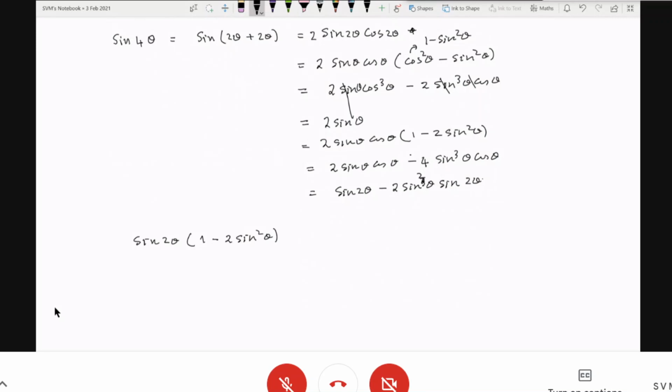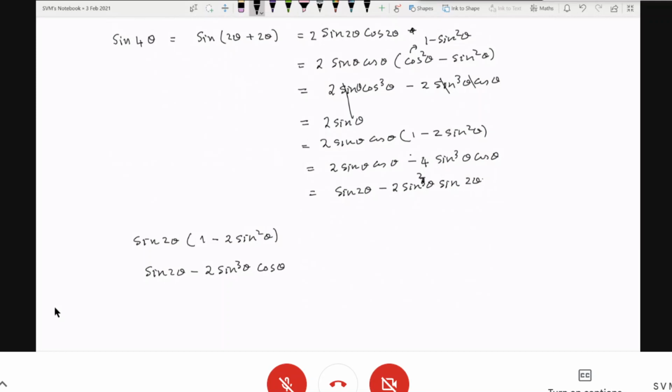Let's write this as sine 2 theta minus 2 sine theta, so that will be sine cube theta into cos theta.